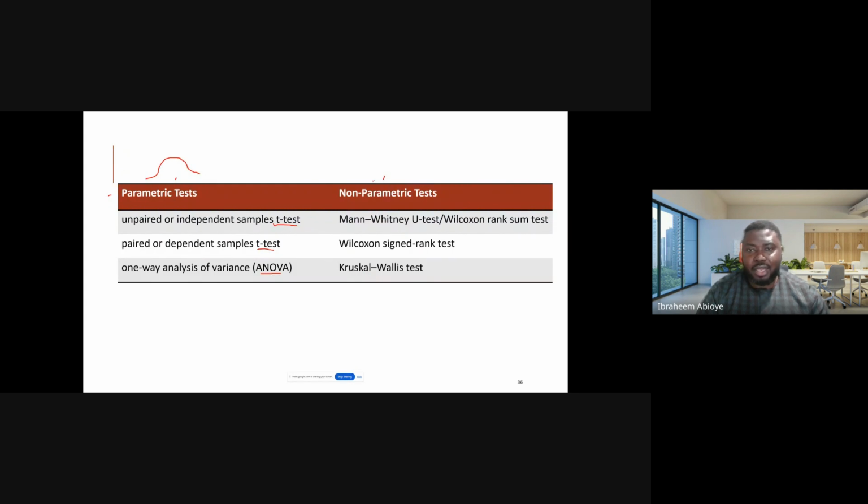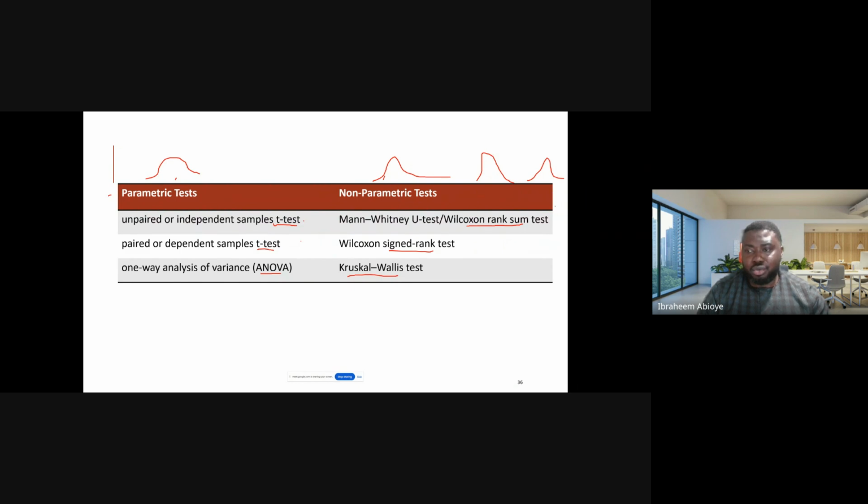But there is a counterpart for each of these tests that does not require normal distribution. So if you have data that looks like that, or like this, where the skewing is obvious, you can use these alternative tests. Wilcoxon rank sum or the signed rank are alternatives to the t-tests, and the Kruskal-Wallis test is an alternative to ANOVA.